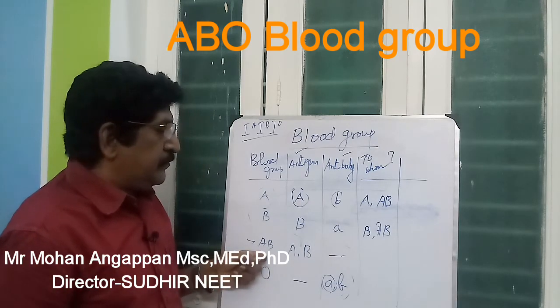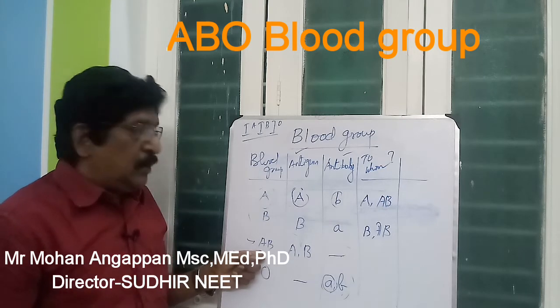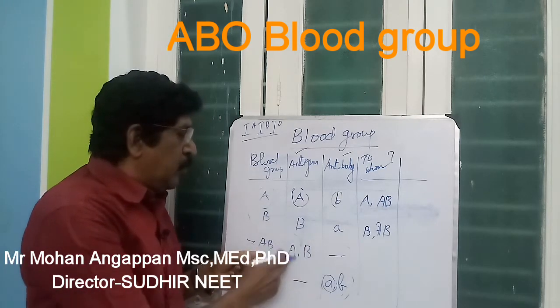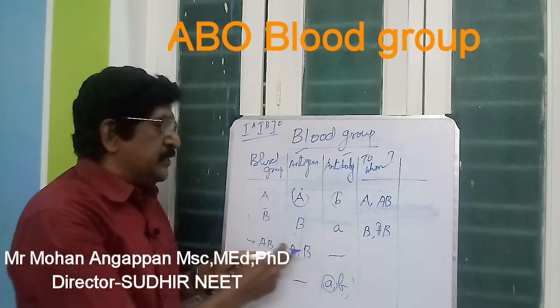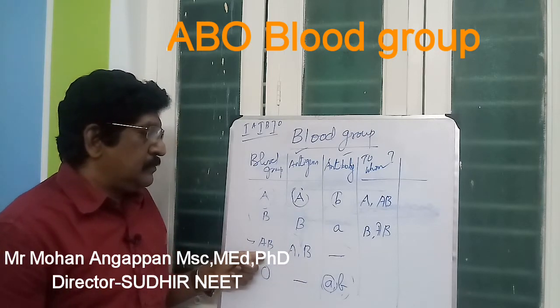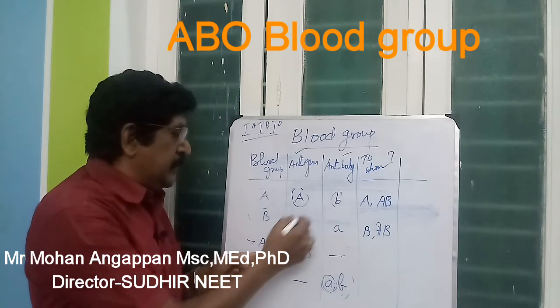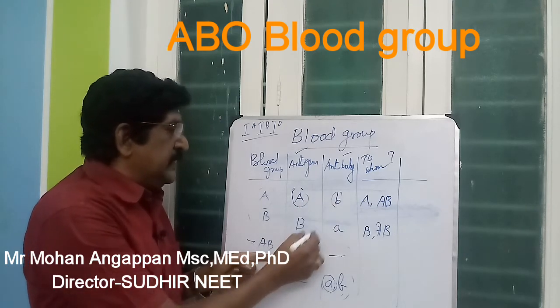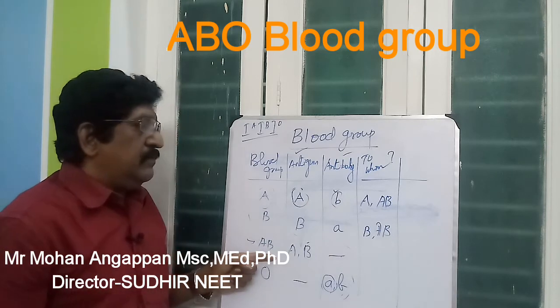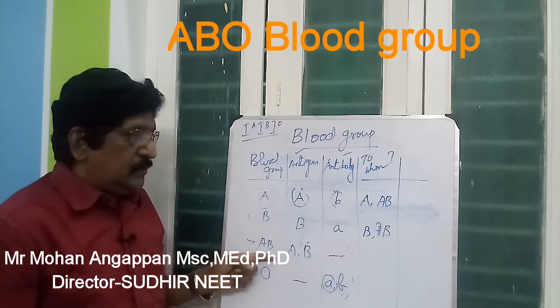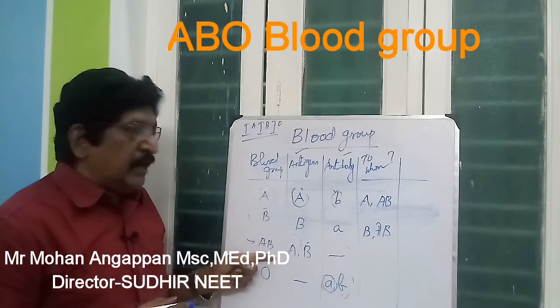Coming to AB, must listen here. So here both the antibody A and B are present. If it donates blood to A group, what happens? The B antigen and B antibody will agglutinate, so it cannot be given.